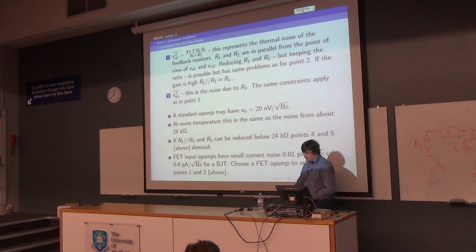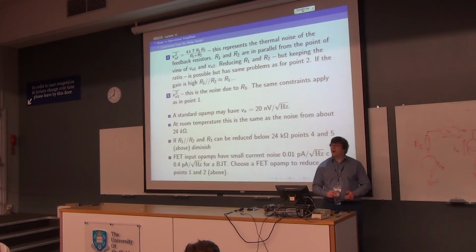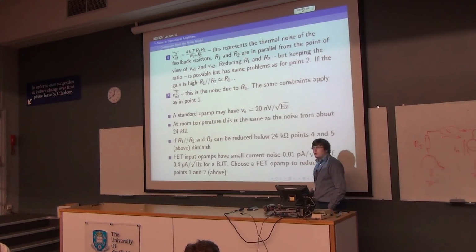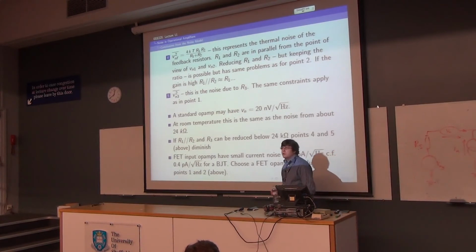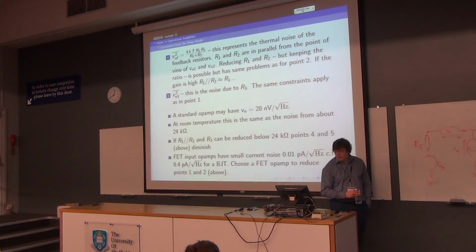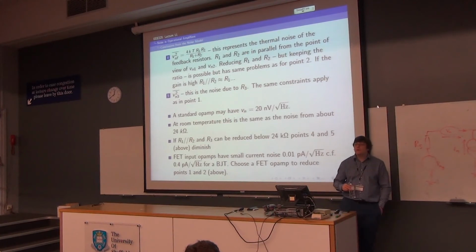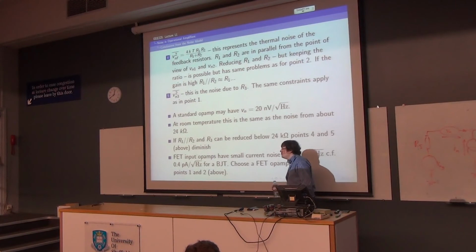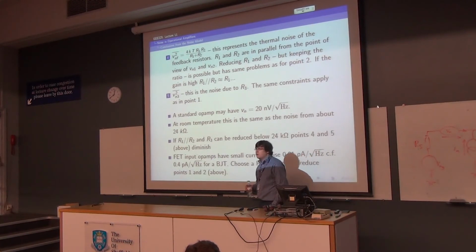So if you bought a regular op-amp like a 741, standard op-amp, it's been around forever, that will probably have about 20 nanovolts per root hertz for VN, and total output noise from the op-amp will probably be about the same as a 24 kilo ohm resistor at room temperature.